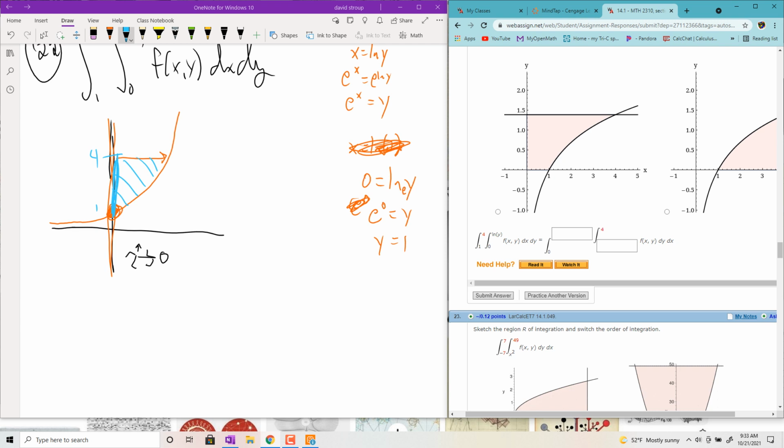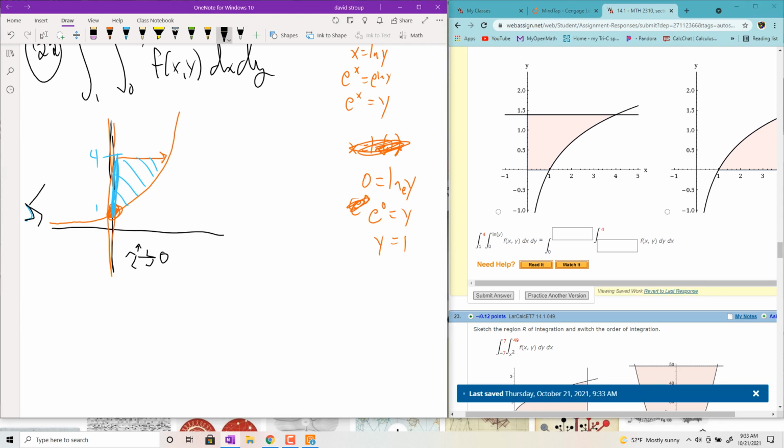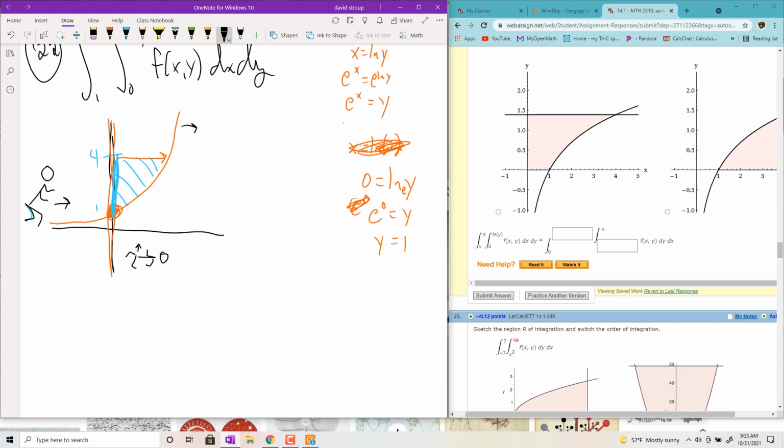Okay, so if you were integrating in this other orientation, like this, curve the curve in that case. So we've already kind of solved for this function. It will be y equals e to the x to y equals 4 on the integral.